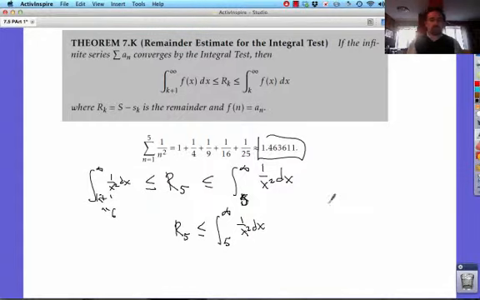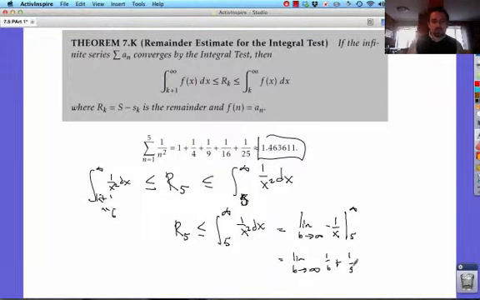Let's compute it. We know we can do this. This is going to be the limit as b goes to infinity of 1 over x from 5 to b, so the limit as b goes to infinity of 1 over b minus 1 over... oh, this should be a negative here, so plus 1 over 5.